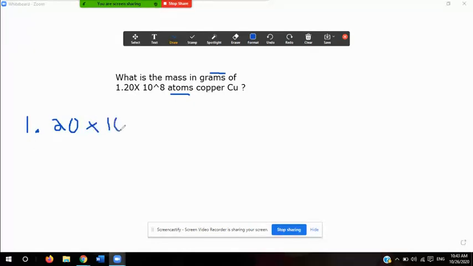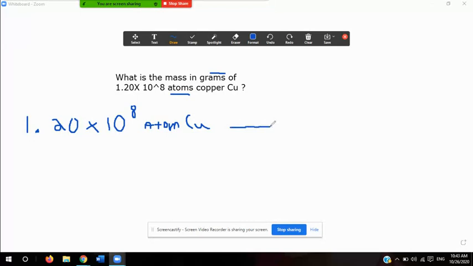So 1.20 times 10 to the power of 8 atoms of copper. We have to go from atoms to moles of copper.